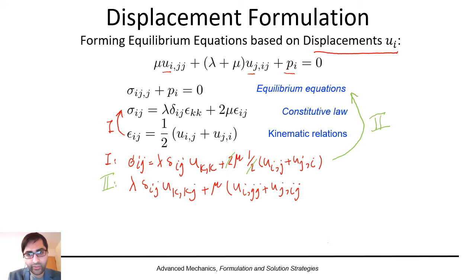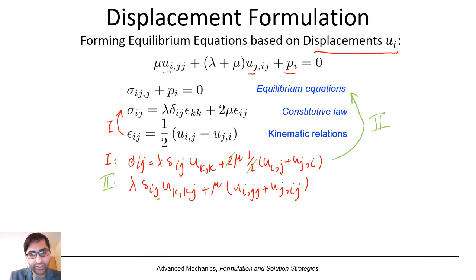So basically, when we differentiate u for the second time with respect to xj, we just add index j after the comma.